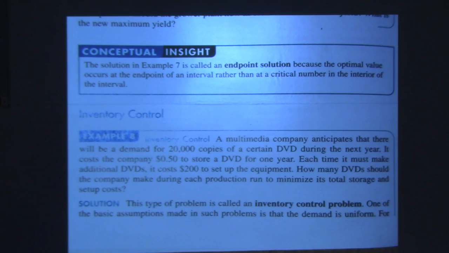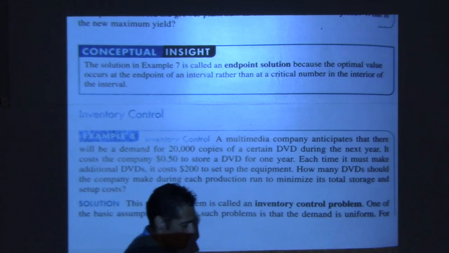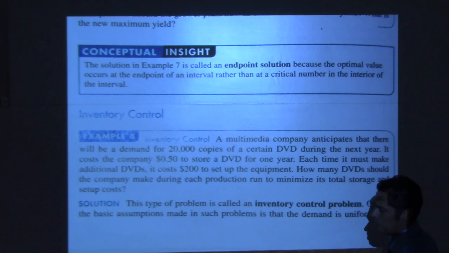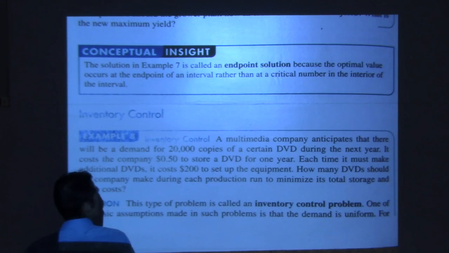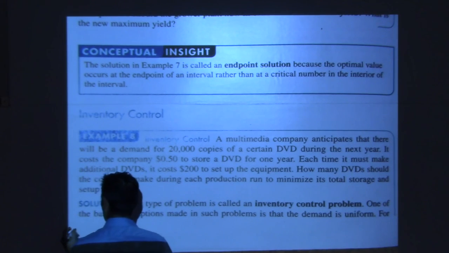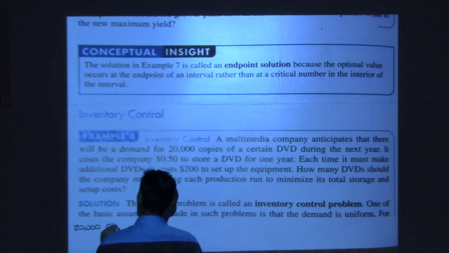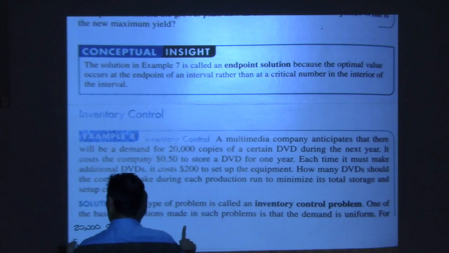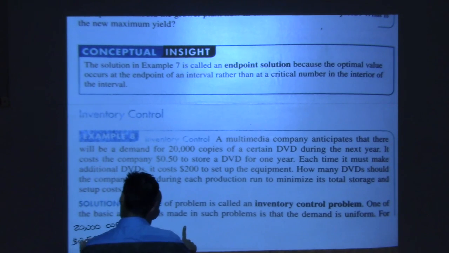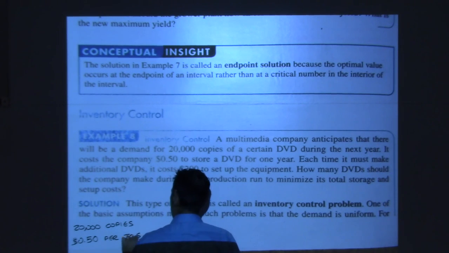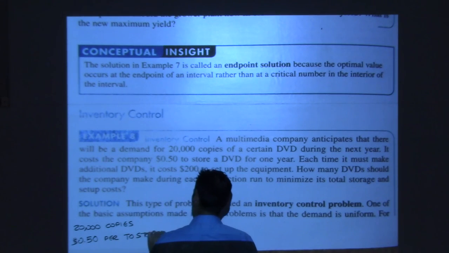Okay, so here's one idea. Let me give you some possible scenarios here. Let me write down some important information. It was 50 cents, it was 20,000 copies. 20,000 copies need to be made. 50 cents per DVD to store for 1 year.